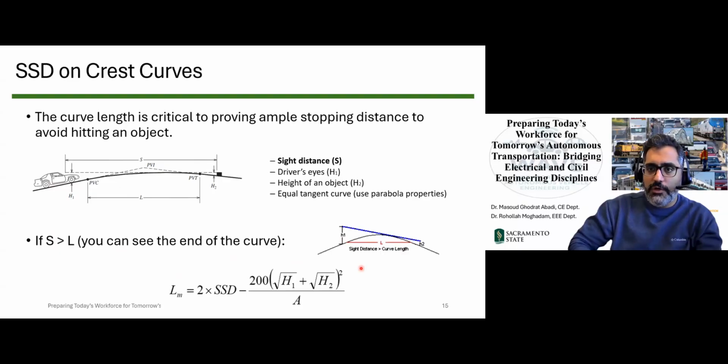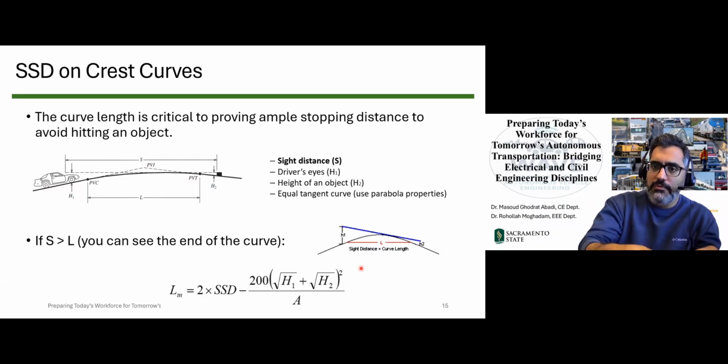And definitely one of these two assumptions is correct, right? It is either S less than L or S more than L. So what we do in design is that we always start by assuming S is less than L. We calculate L, and then we check whether that assumption was correct or not. If that assumption is correct, we're good.